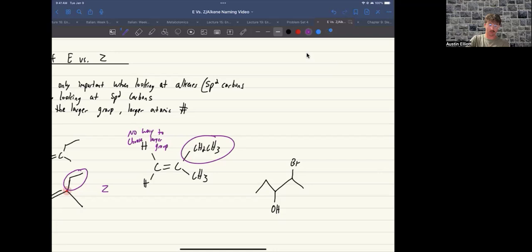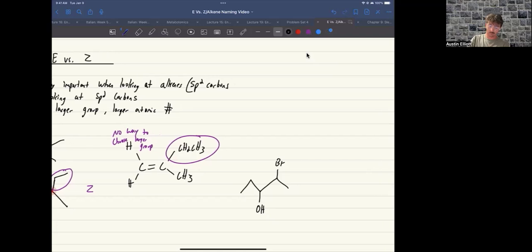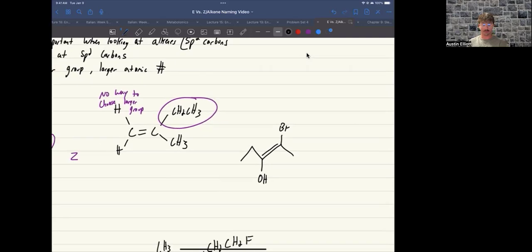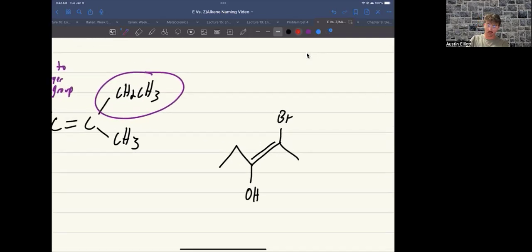So for our next example, double bond right there. And so this is one of those cases where we have a very large atom in bromine. We have an alcohol group there, and we have some smaller carbon groups. So once again, looking for those sp2 carbons, our two red dots right here, and looking at the groups that are attached to them.